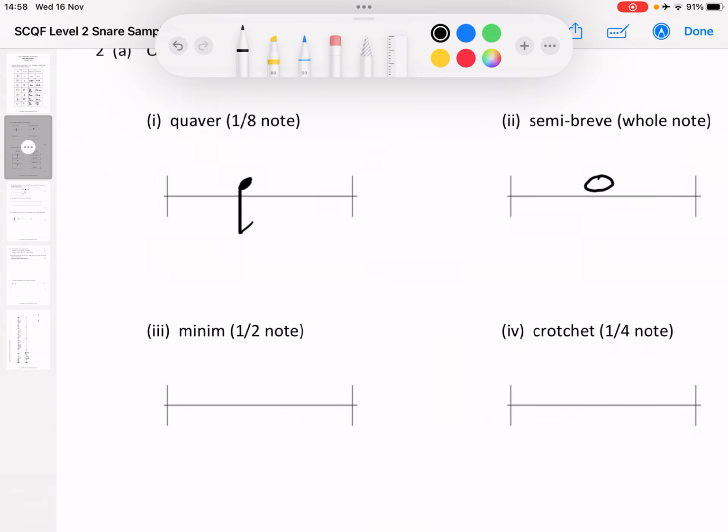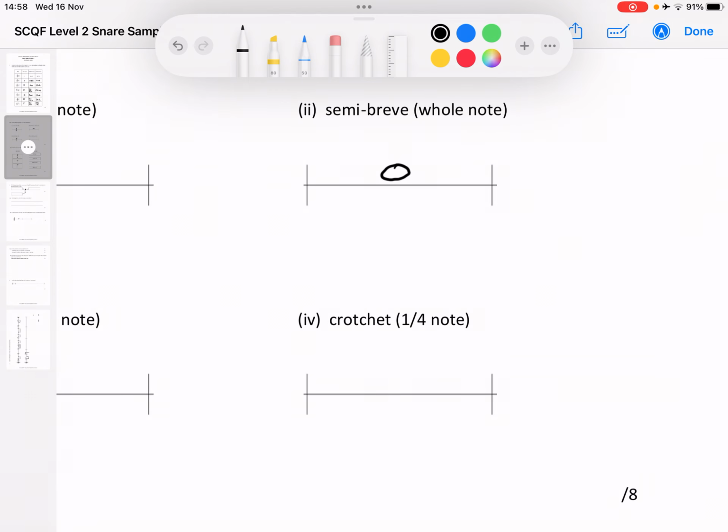Done. Minim, again, I could go up if I want to, but I'm not going. I'm just going to draw it on here. I know the minim is a hollow note head with just a stem. And that's it there. Crotchet is a filled in note head and a stem.